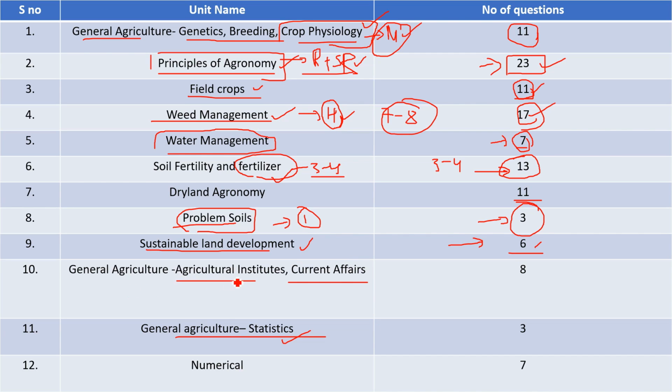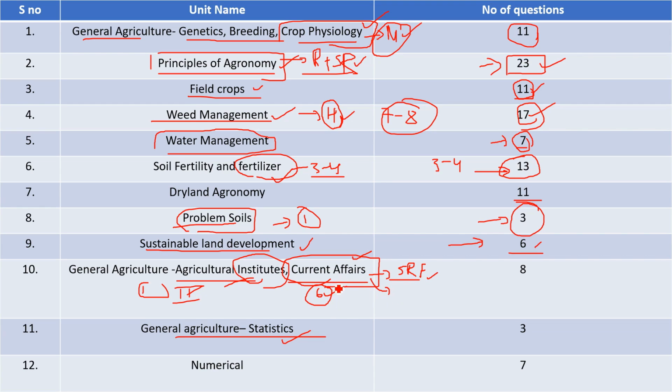Now in the general agriculture part, this year we have got 2 questions based on institutes. Last year there was only one question. This year we've got 2 questions based on agricultural institutes. And in the current affairs part, there were 6 questions. Generally students skip this part because current affairs is included in the SRF examination, but there is no specific mention in JRF that current affairs questions would be asked, but they are being asked.